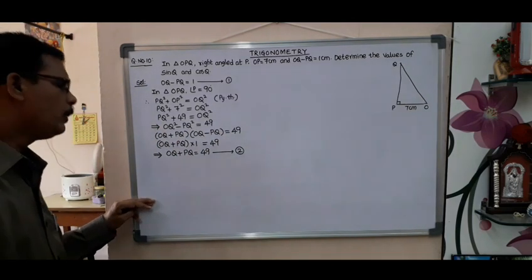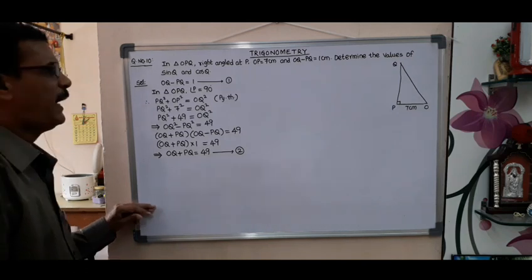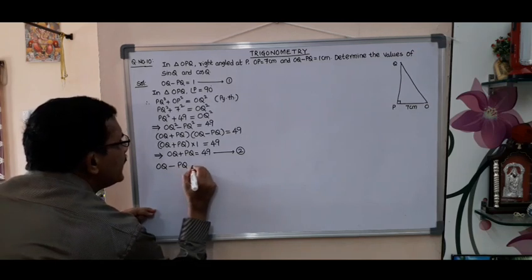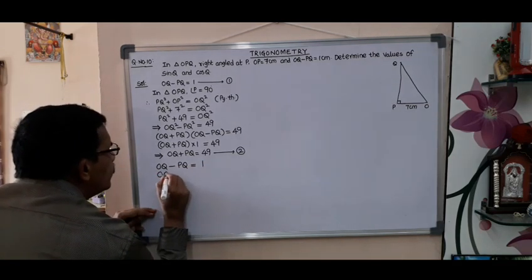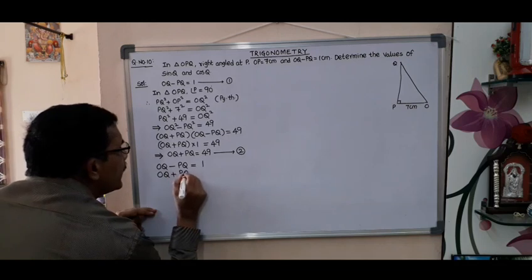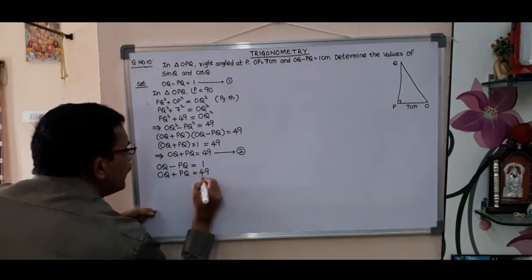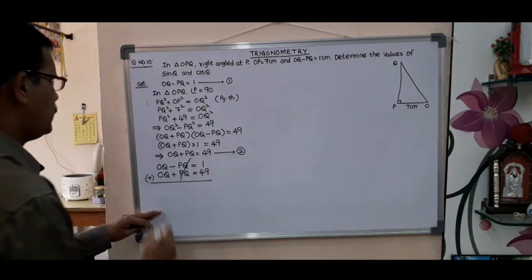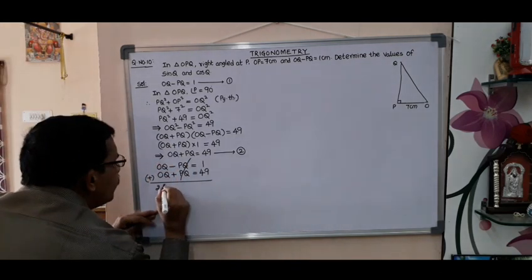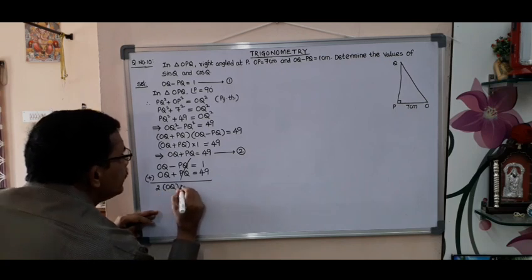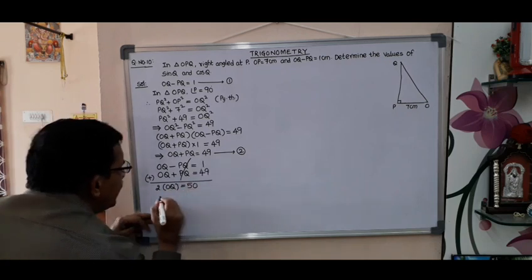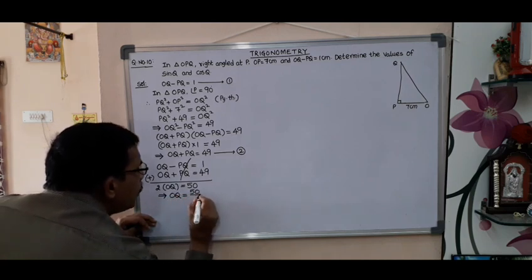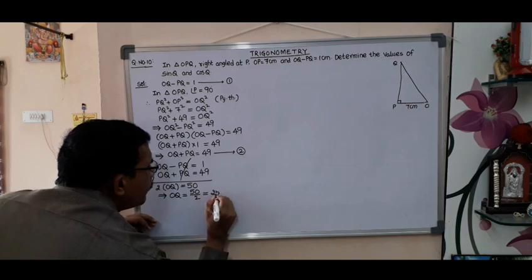By solving 1 and 2, we will get OQ and PQ values. OQ minus PQ is equal to 1. OQ plus PQ is equal to 49. Adding both the equations, these two will get cancelled. OQ plus OQ, 2OQ is equal to 1 plus 49, 50. Implies OQ is equal to 50 by 2, that is equal to 25.